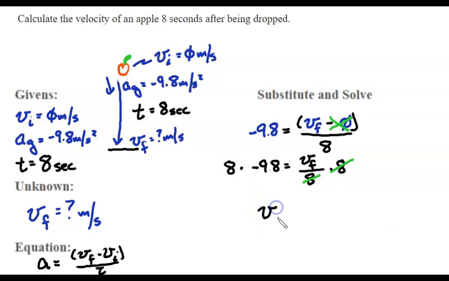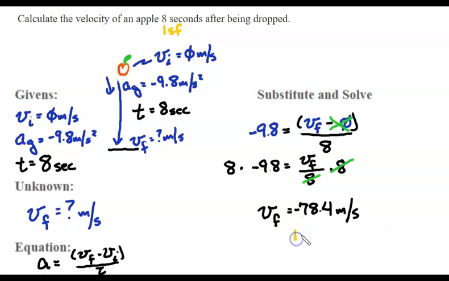So my velocity final equals negative 78.4 meters per second.